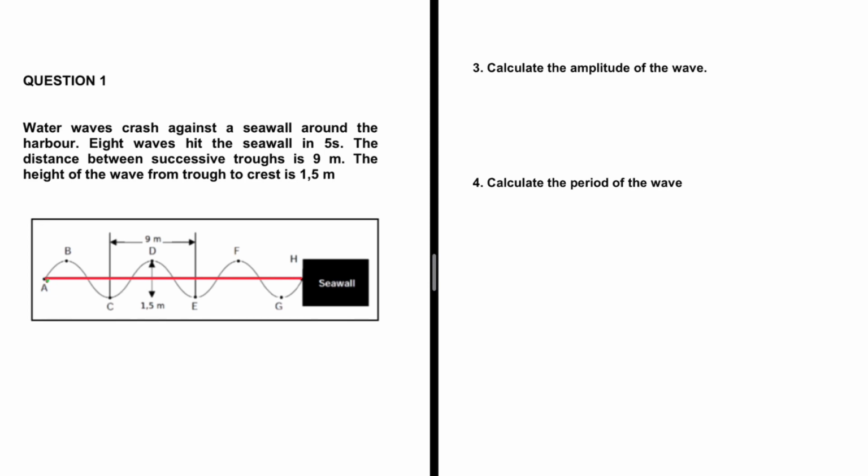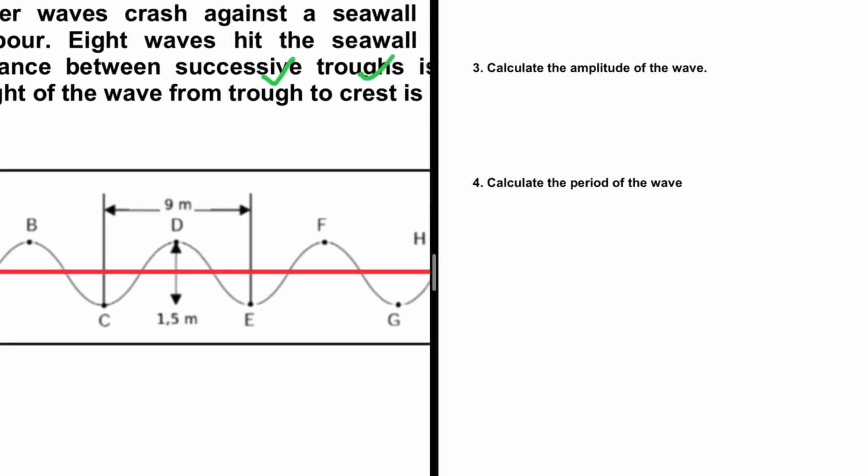Calculate the amplitude of the wave. From the given information, the height of the wave from the trough to the crest is 1.5 meters, and the amplitude should be half that. We know that the amplitude is the height from the rest position to the crest, or from the rest position to the trough, not from the trough to the crest.